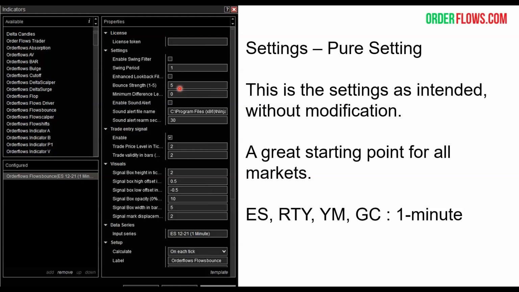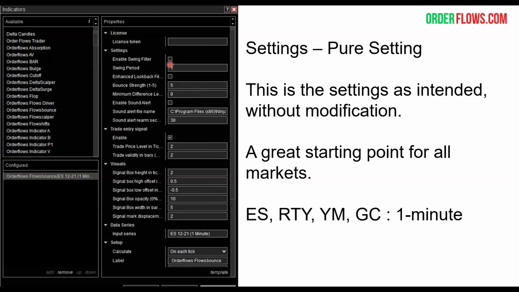But if I use it, I generally use 0 or 1. On more volatile markets, I may use a level of 2, 3, or 4. But those markets would be like NASDAQ or MNQ, even YM. But for a starting point, for all markets, I would suggest 5.